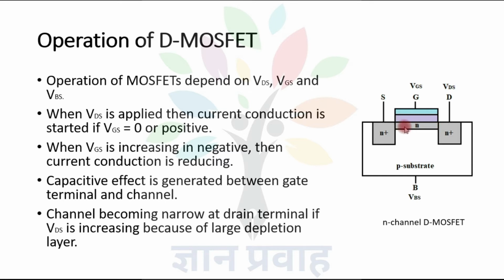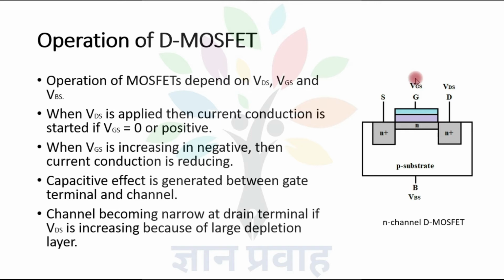Initially n-type material is there, so negative charges are present here, and due to application of VGS in reverse, holes come continuously and combine with the electrons initially present in this channel region. Then there is a depletion region.